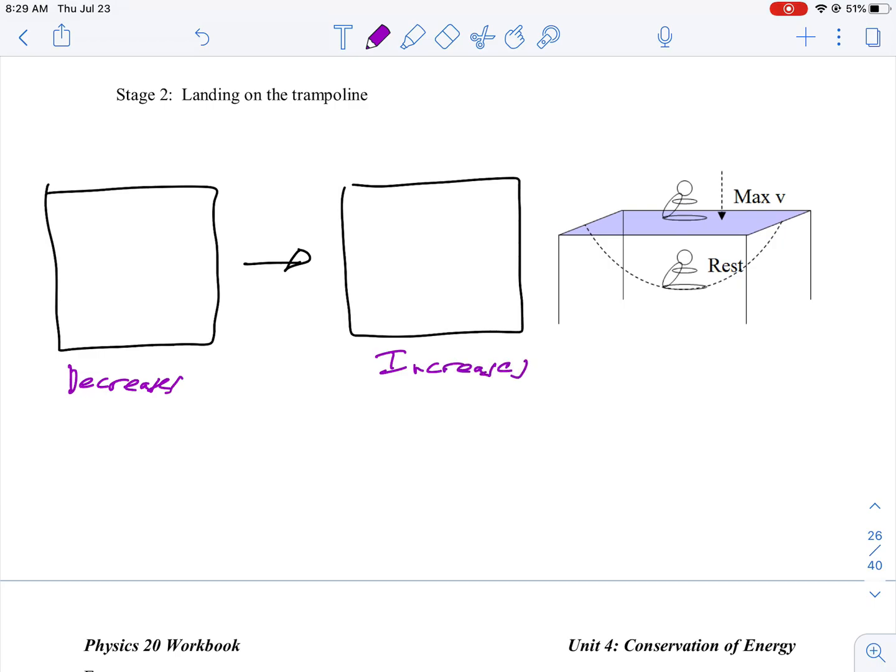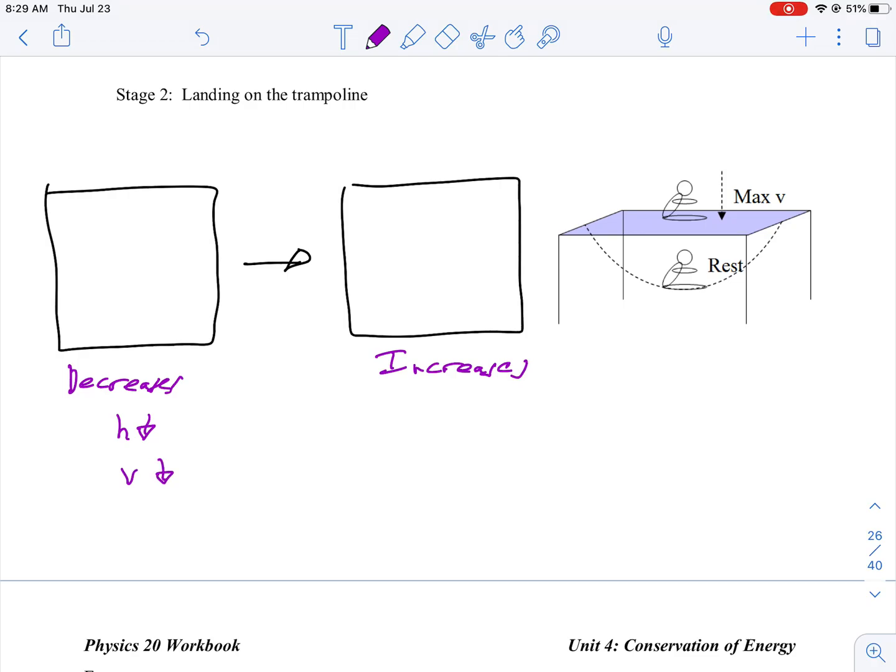Okay, so first of all, if we think about the height, you see how the height is decreasing. So definitely there is a decrease in height. But notice also the speed goes from maximum speed to come to rest. So the speed also decreases.